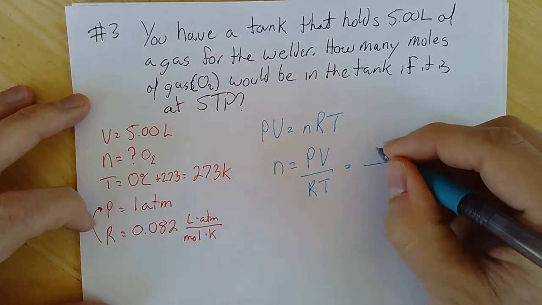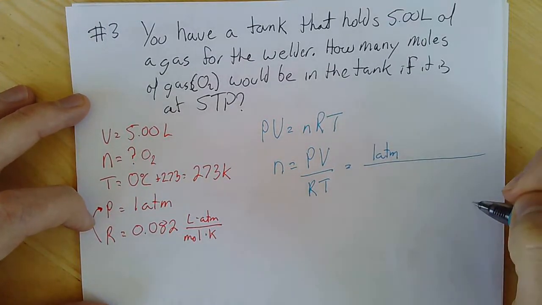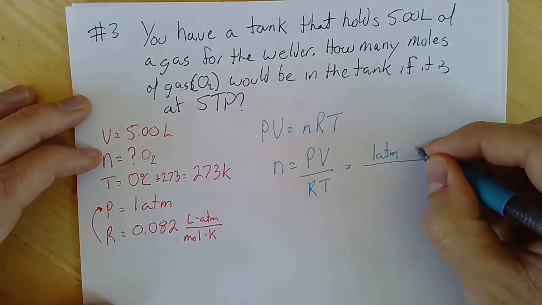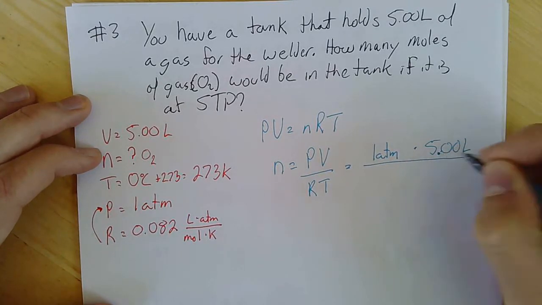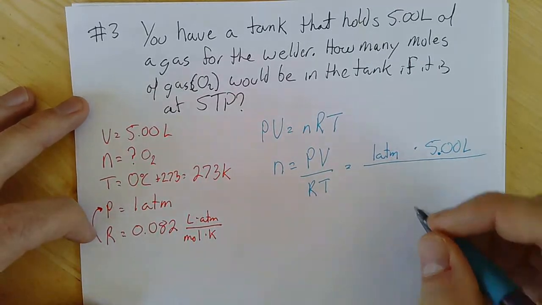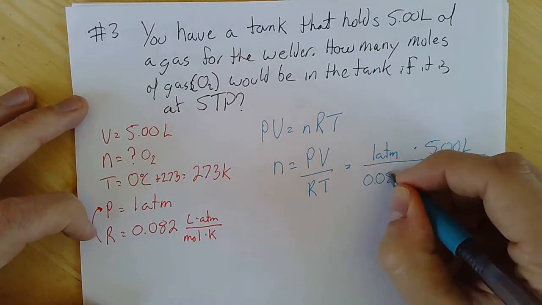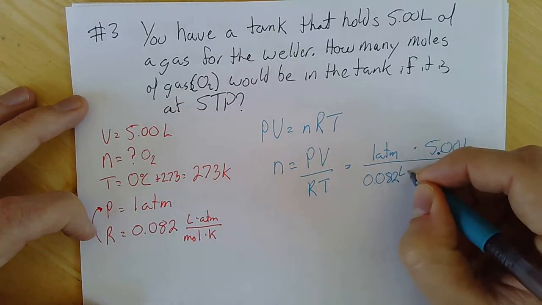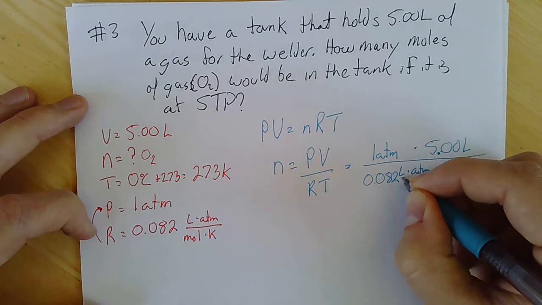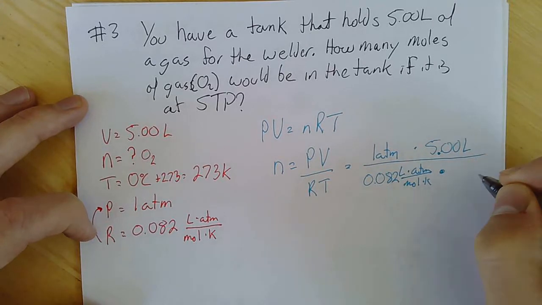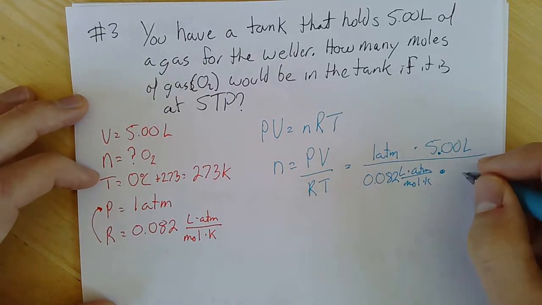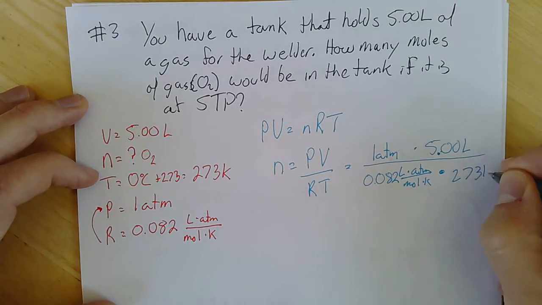So my P is 1 atm. My V is 5.00 liters, not 500. My R is 0.082 liters atm over moles K, and that is times my temperature of 273 Kelvin.